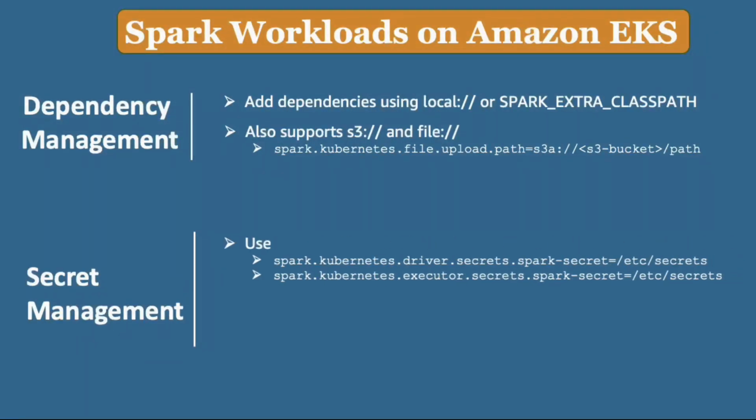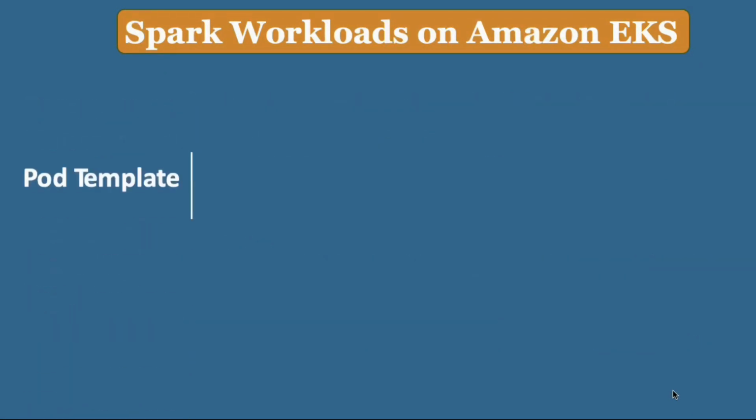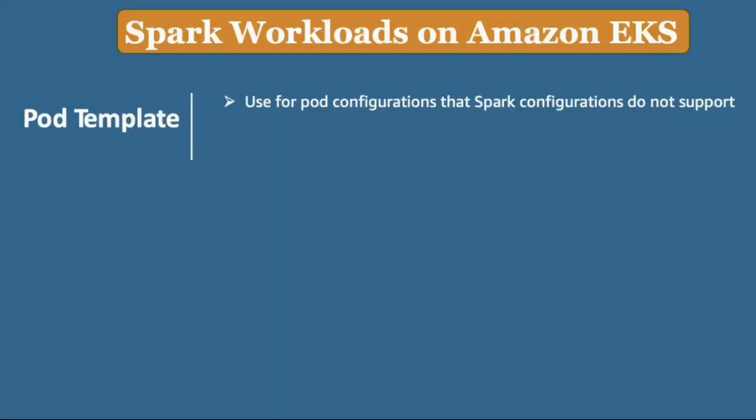Then from a secret management point of view, Spark allows using Kubernetes secrets to store the credentials. It could be username and password, security tokens, things like that. You can use the Kubernetes secrets, or you can also use environment variables for the applications and reference the values for these environment variables from the secrets. So both options are possible for secret management. Now, pod template, as I mentioned, is very powerful. By default, Spark provides a lot of configuration options when running the job.